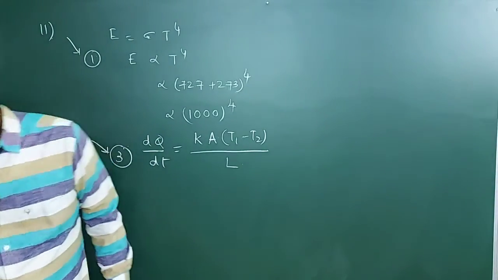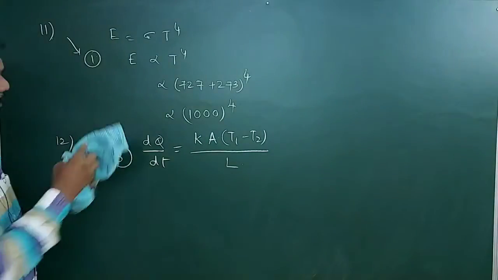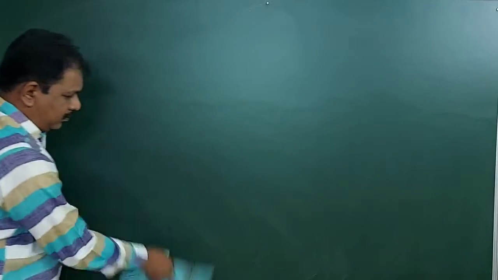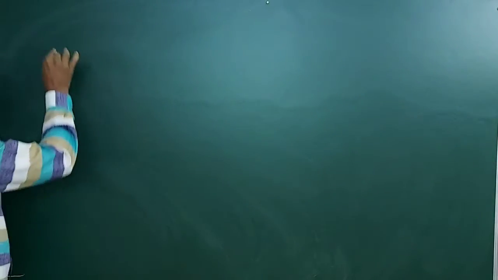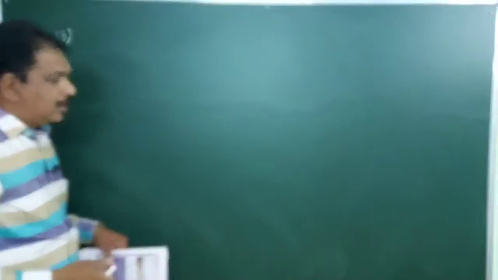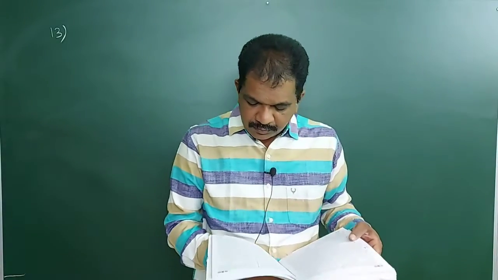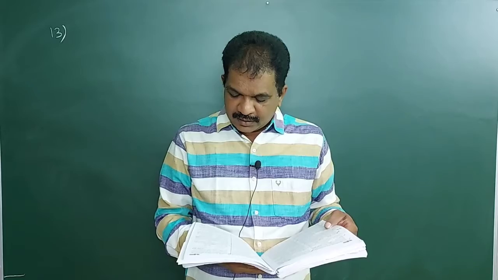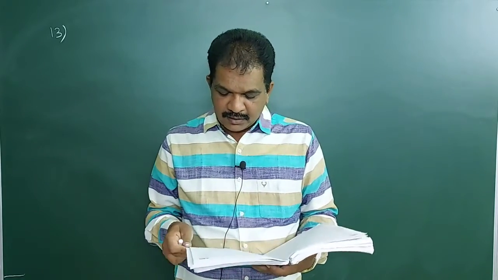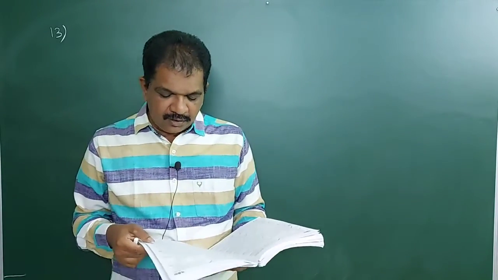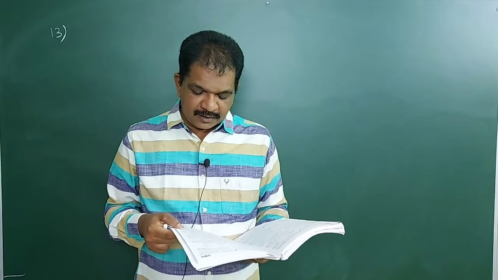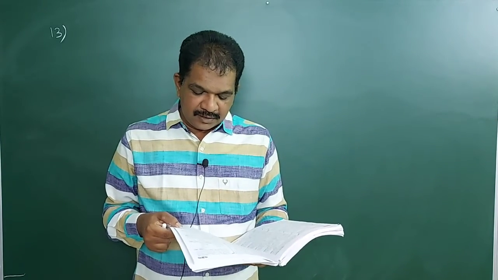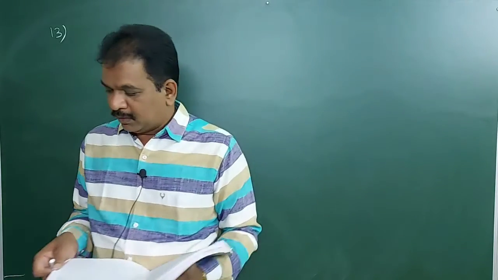Okay. Next, 13, you see. What they are asking: a black body at 227 degrees centigrade emits heat at the rate of 7 calorie per centimeter square per second. At the temperature of 727 degrees centigrade, heat emitted will be?